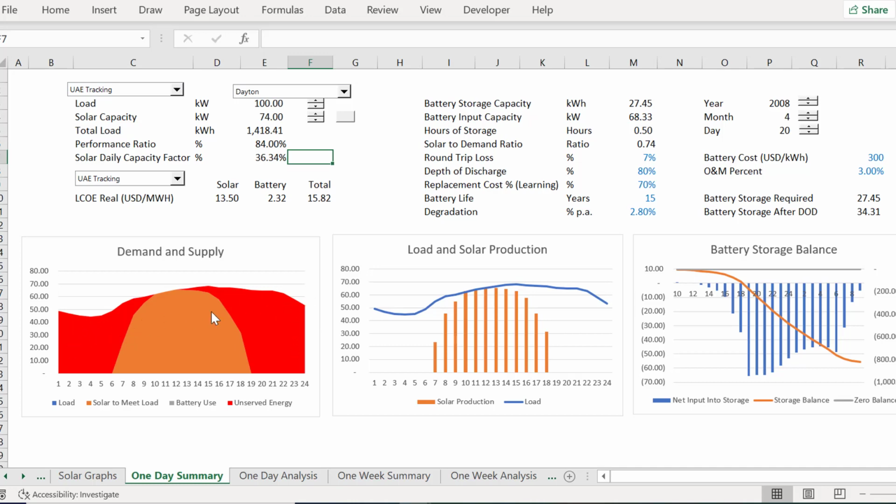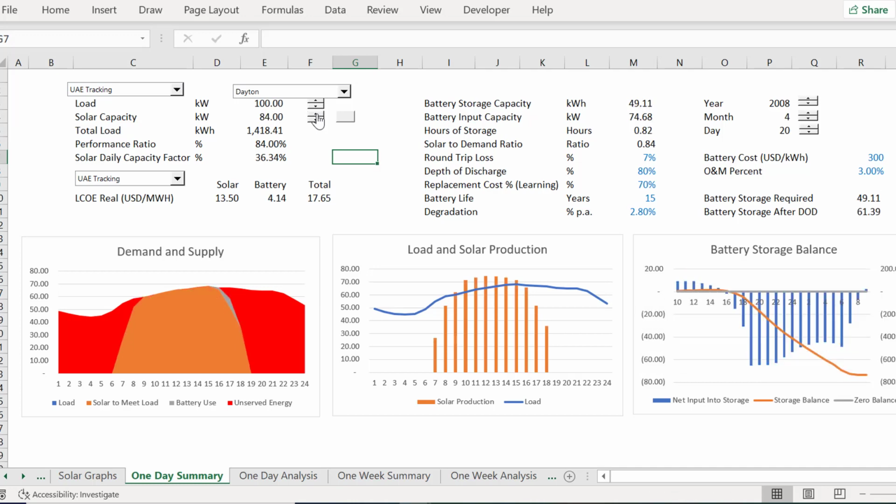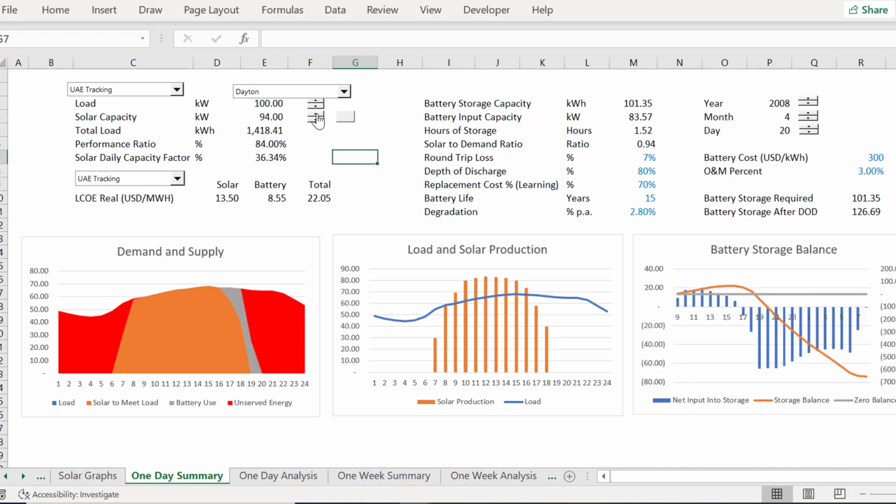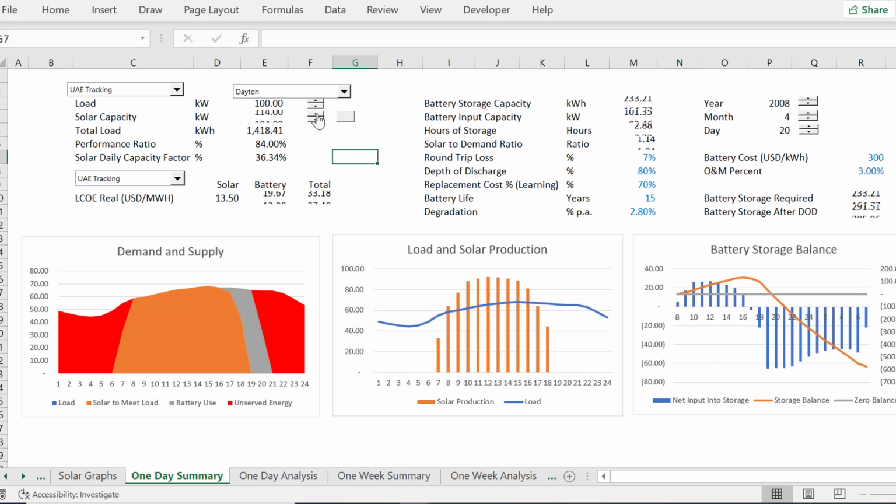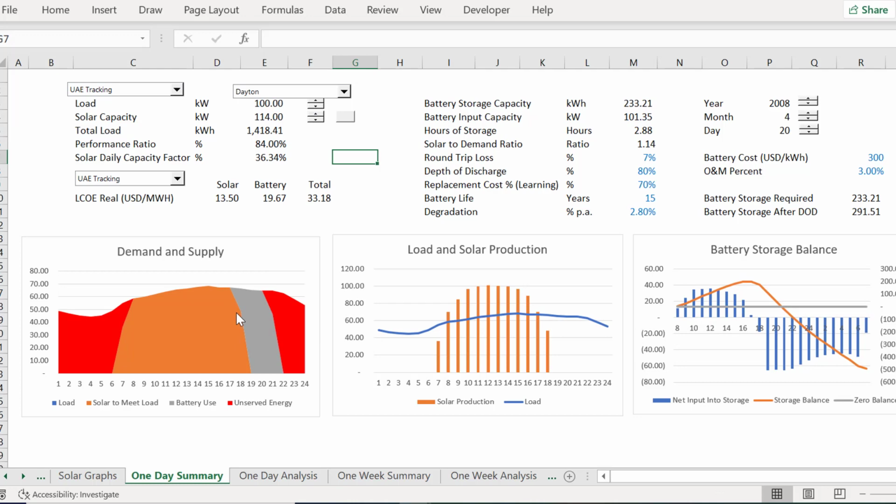And if it's not unserved, this could come from a diesel plant, gas plant, whatever. And then I'm going to show you in this video how to put more solar capacity in, and then if we put more solar capacity in, eventually we're using this extra solar here to fill up the battery.